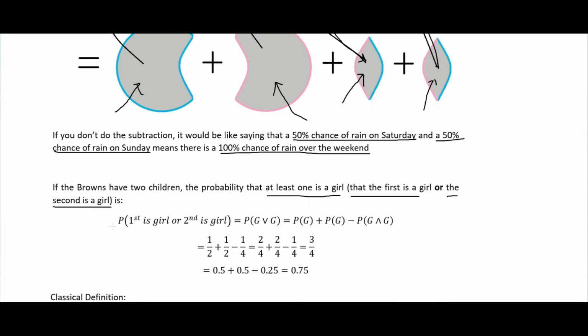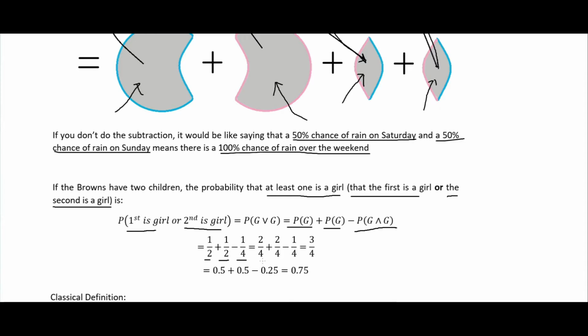So we have the probability that the first is a girl plus the probability that the second is a girl, minus the probability that the first is a girl and the second is a girl. What we have is 1/2 for the first one, 1/2 for the second one, and then minus 1/4, which is the conjunction of both.